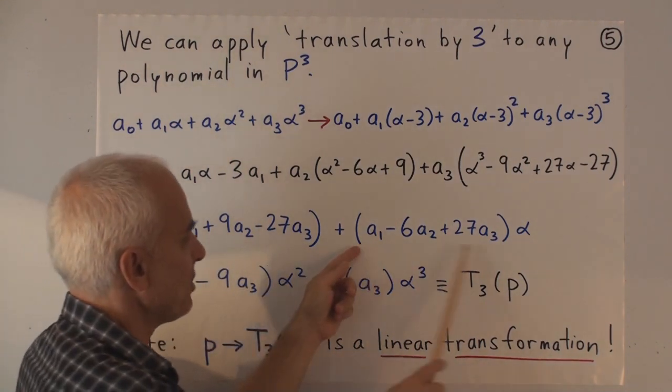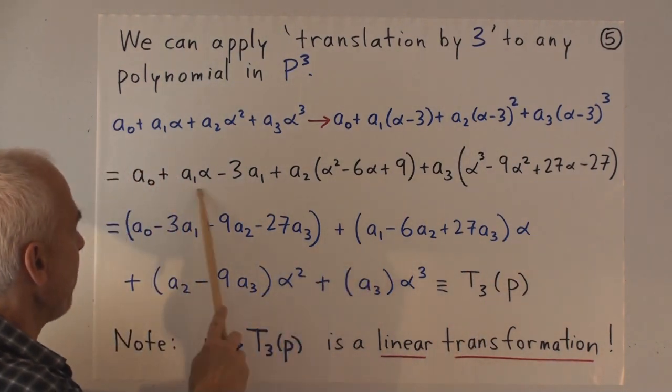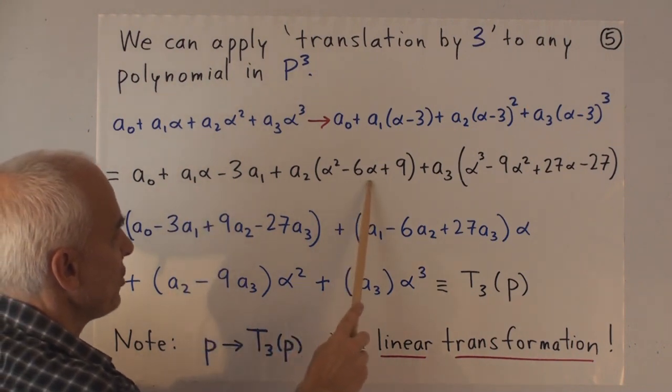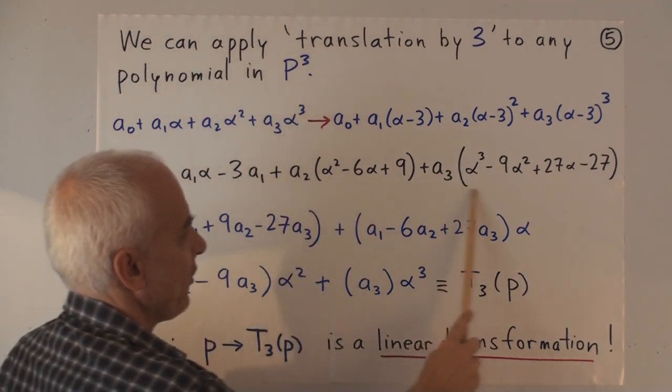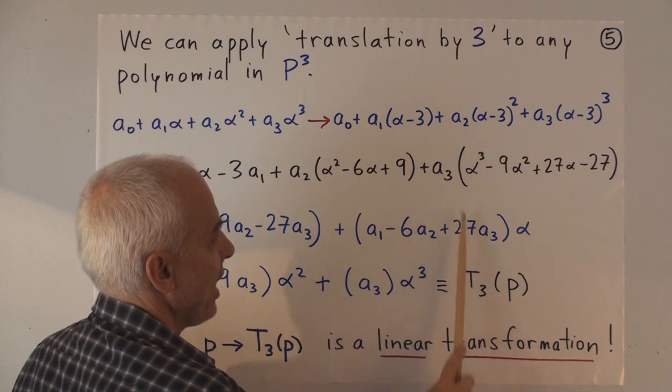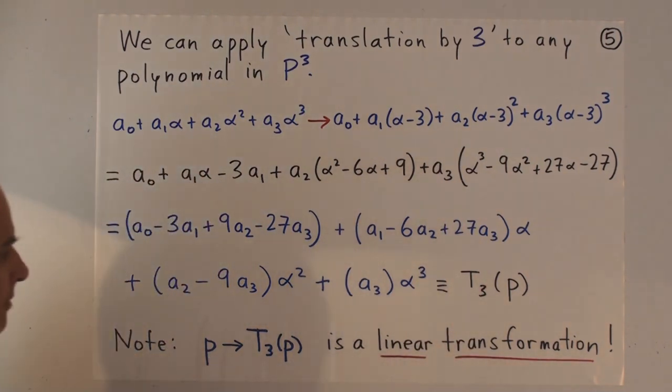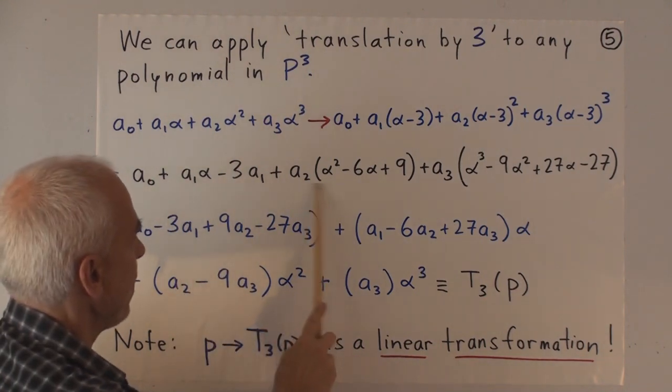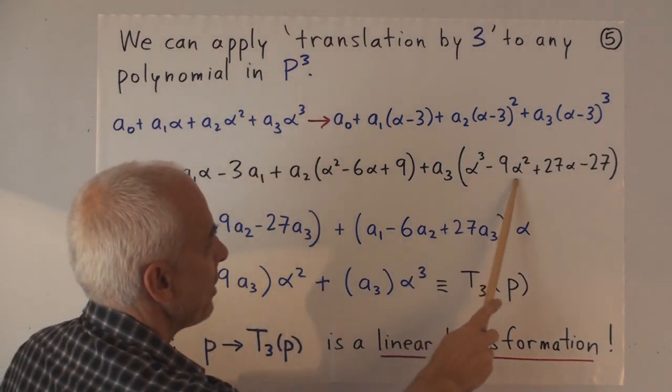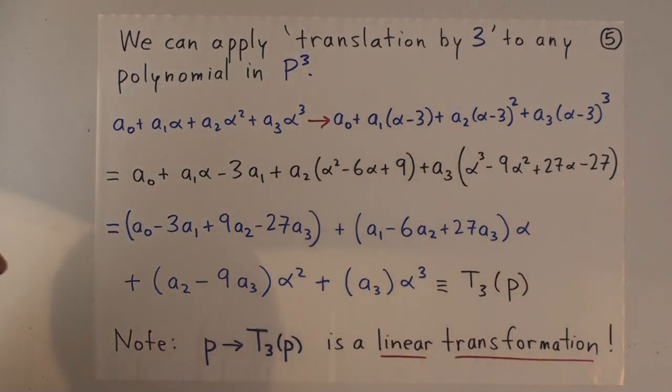And the terms involving alpha: there's an alpha right here, there's an alpha here, so it's minus 6a2, and there's an alpha over here, 27a3. Then there's an alpha squared term coming from here, an a2, and minus 9a3.